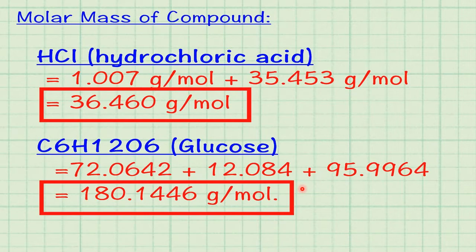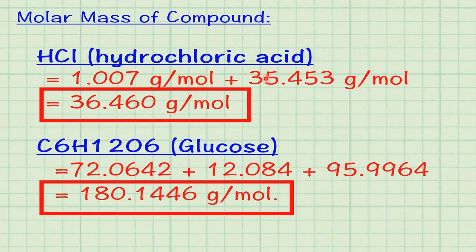This one is for hydrochloric acid. Hydrochloric acid formula is HCl, made up of two different kinds of atoms: hydrogen and chlorine. The mass of hydrogen is 1.007 and the mass of chlorine is 35.453.